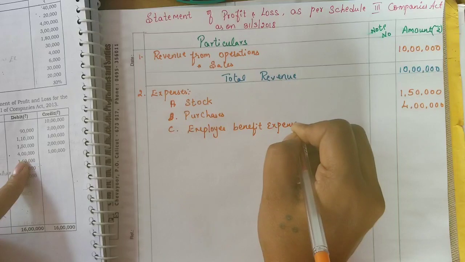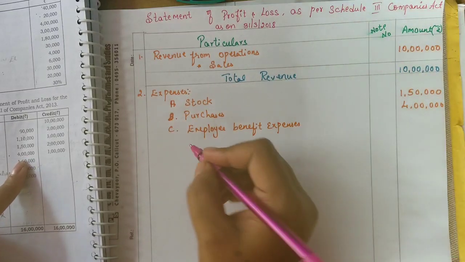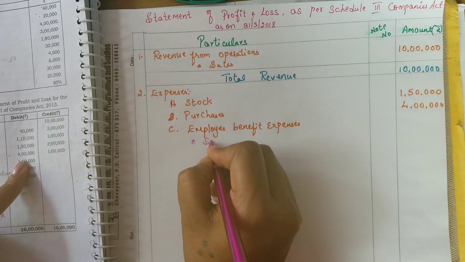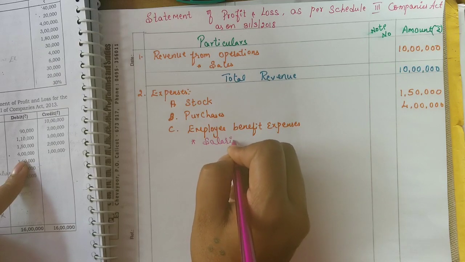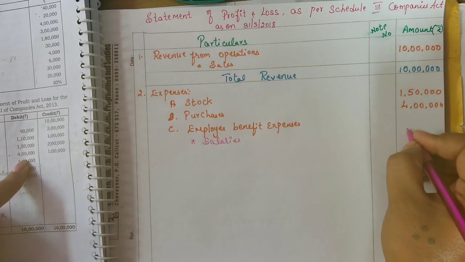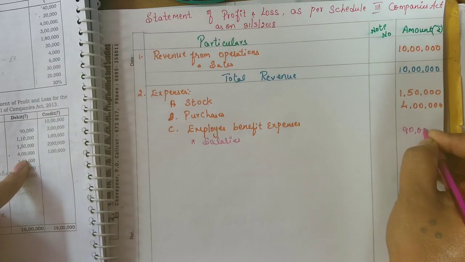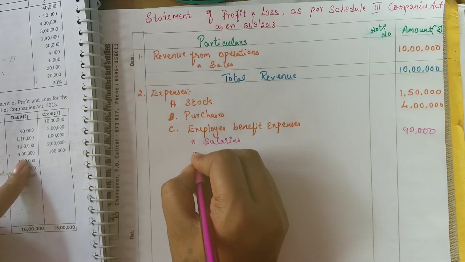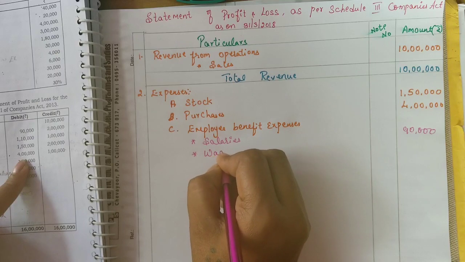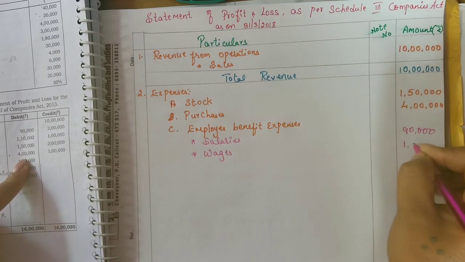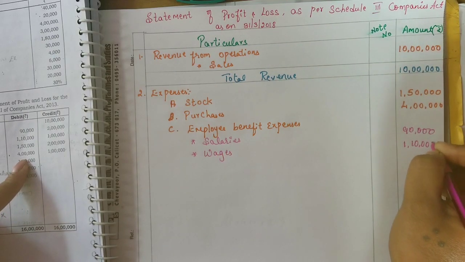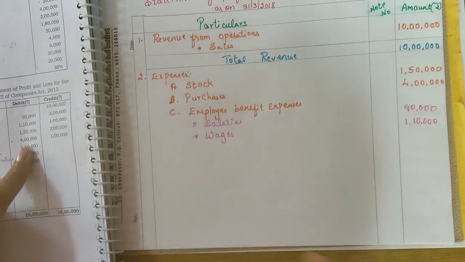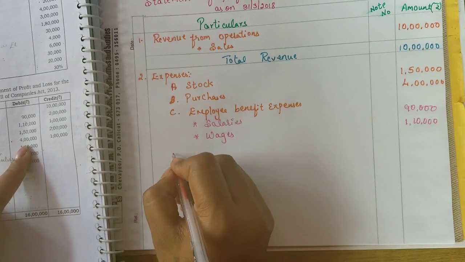Under this we have salaries and wages. Salaries amounting rupees 90,000. Okay. And wages we have, wages amounting rupees 1,10,000. So these are the benefits of employee.